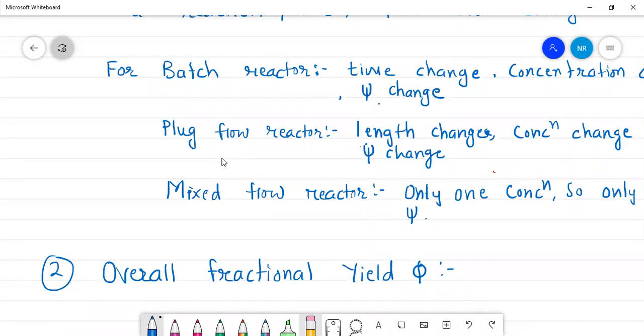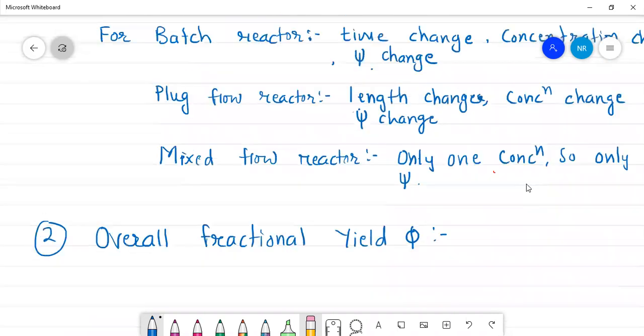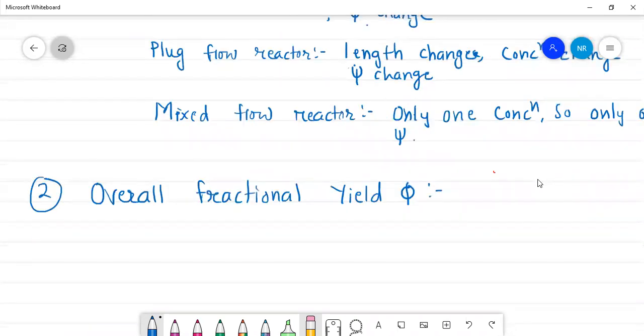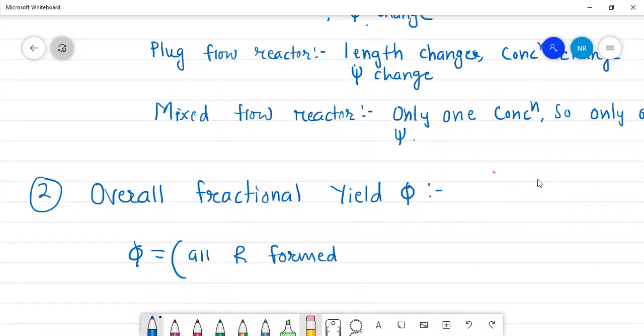So the second one is the overall fractional yield. Overall fractional yield phi is equal to all R formed divided by all A reacted.